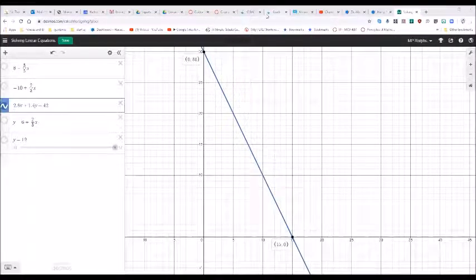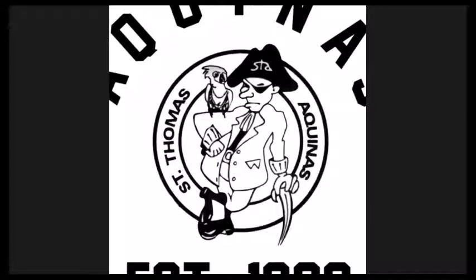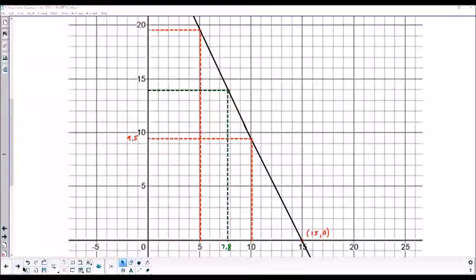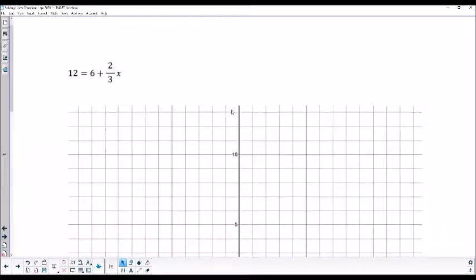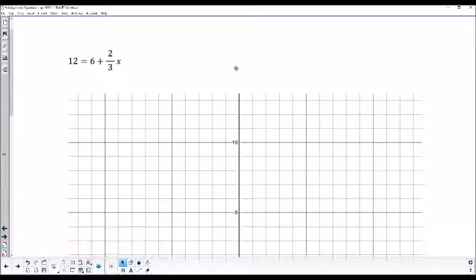I'll just go to one other graph that we're going to look at. Sometimes we're given equations where there is no y, it's just written like this: 12 equals 6 plus 2/3 x. It's basically just two sides of an equation.